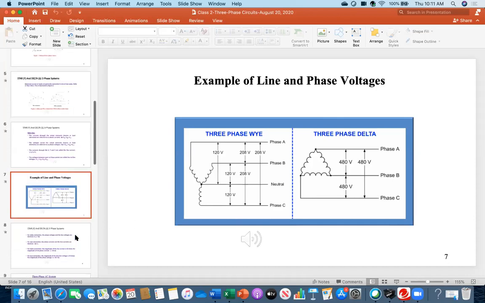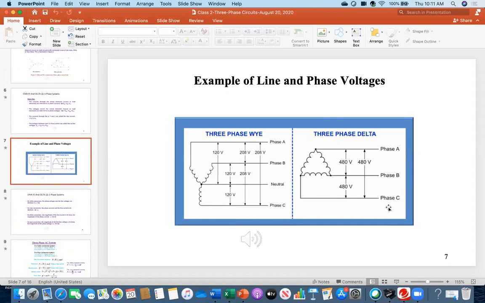Okay, Dr. Ali, if I understand correctly, the voltage across a phase and neutral in the Y setup is 120, and the voltage across two phases is 208. Yes. And is there a neutral for the delta setup? No, for delta there is no neutral.